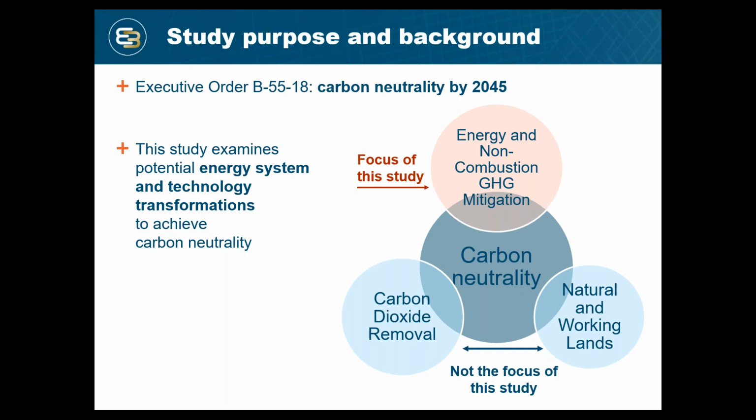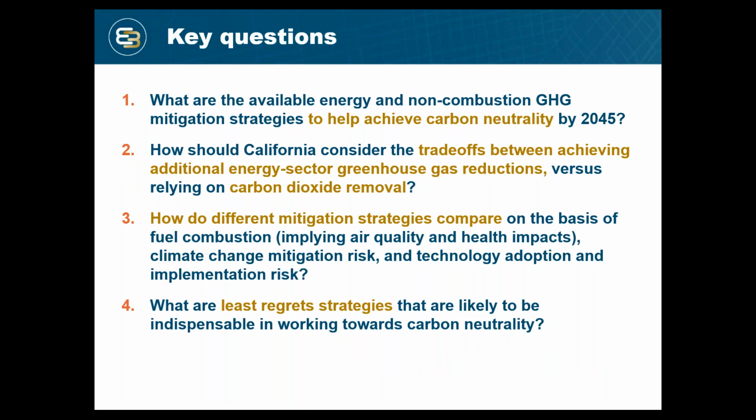We're not taking a deep dive at cost and options for carbon dioxide removal, also referred to as CDR, and we're not incorporating either emissions, sinks, or sources from natural and working lands. We're really focused on the energy system and the technology transformations that could support achieving carbon neutrality.